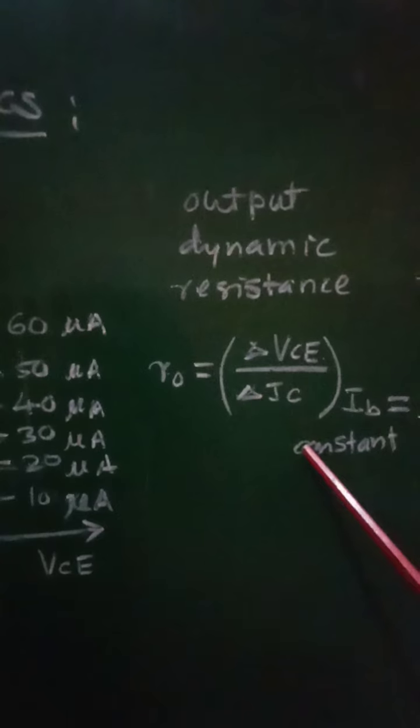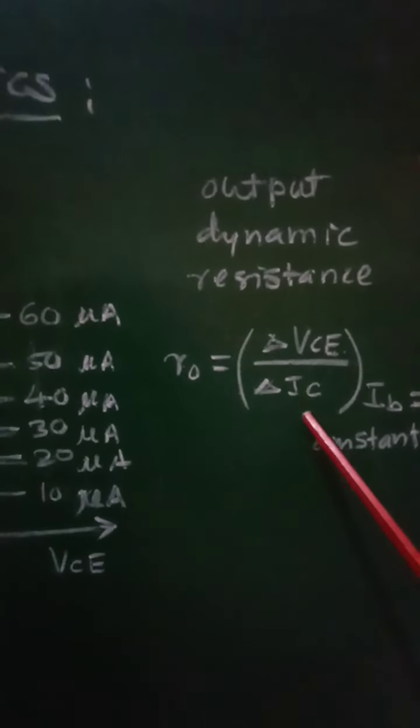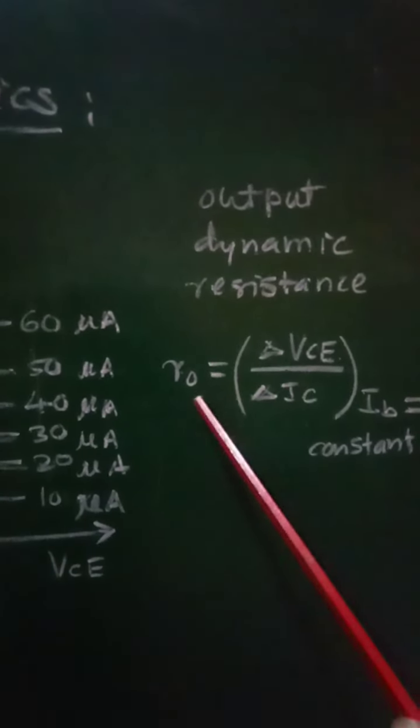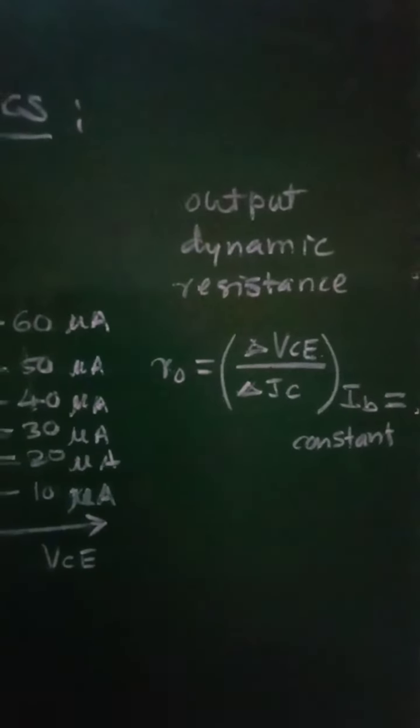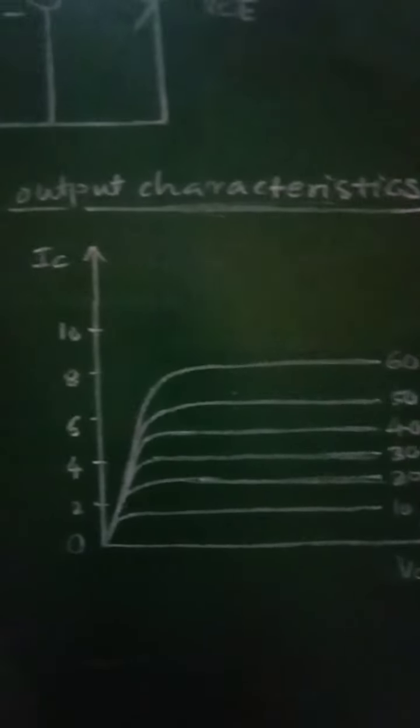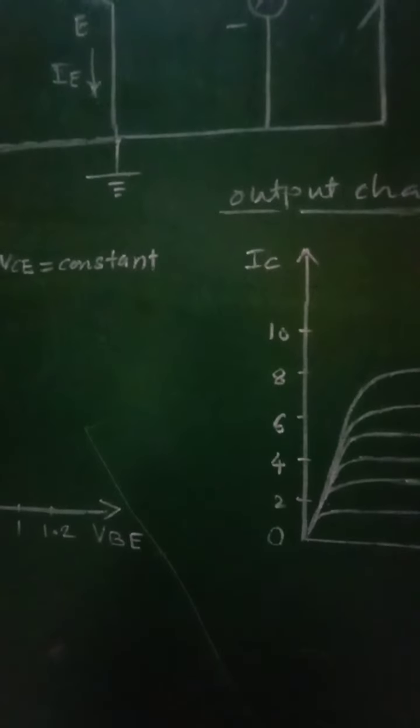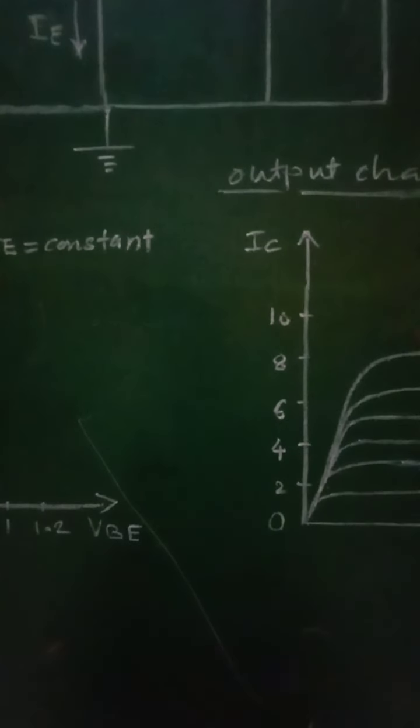So this formula will represent the output dynamic resistance. So this will be regarding the input and output characteristics of the common emitter configuration.